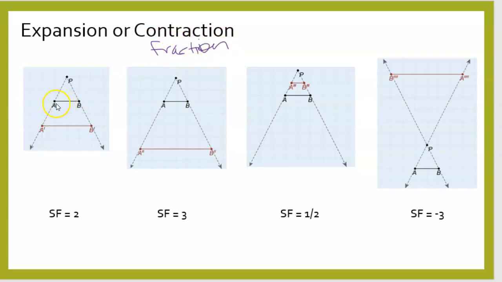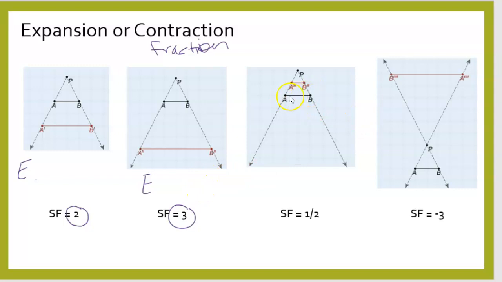AB is the original, the pre-image, and A prime, B prime is the image. We are taking this length AB, and you can see it got longer. That makes sense because the number is not a fraction, so this is an expansion. Here's another example. It's not a fraction, it's an expansion. You can just look at the number, or look at the image and the pre-image and see that it got bigger.